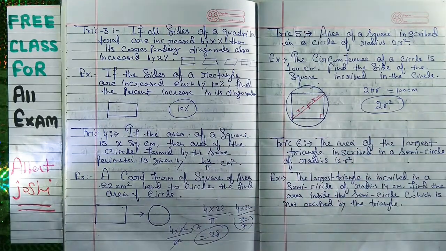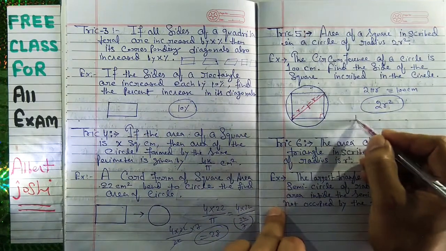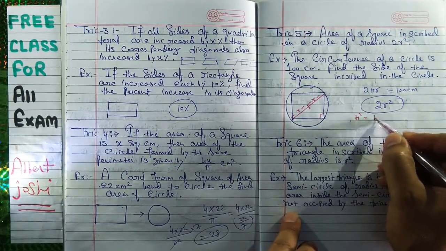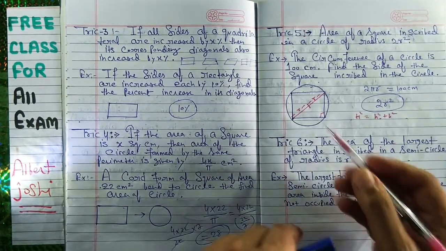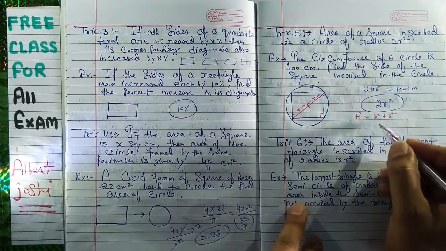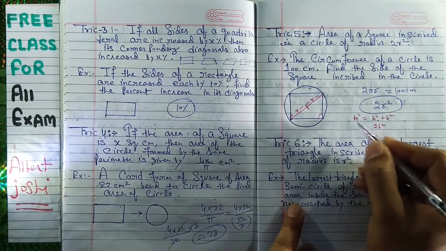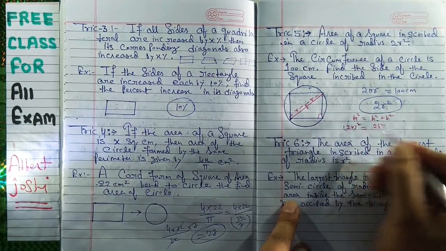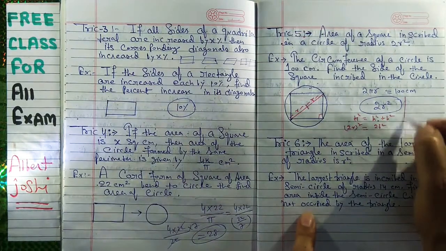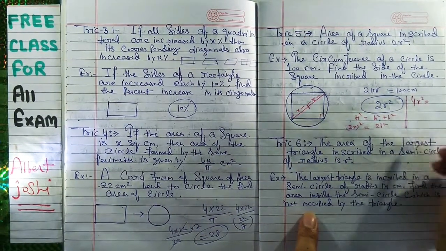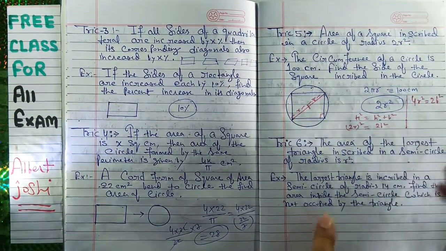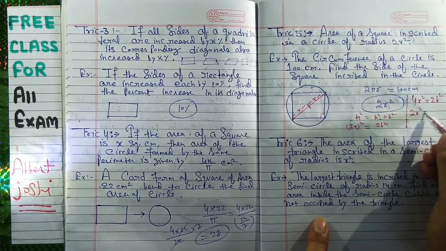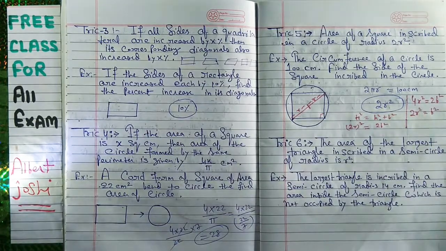Hypotenuse square is equal to height square plus base square, but your height and base both are the same. So 2b square is equal to hypotenuse square, which is r plus r, 2r whole square. So 4r square is equal to 2b square. After 2 cancels, 2r square is equal to b square.